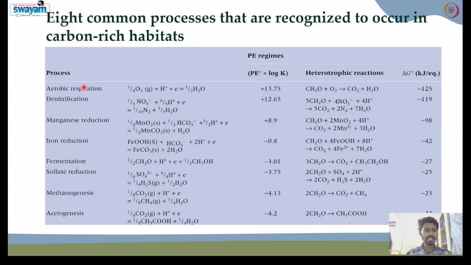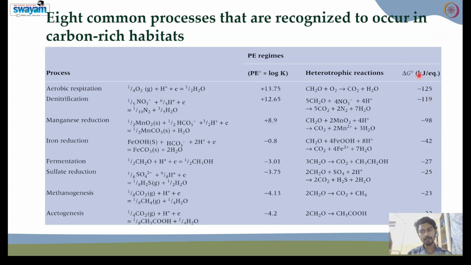So what happens in a given ecosystem? If there is oxygen, it always takes oxygen as the first priority. For example, consider a situation where oxygen and carbon dioxide are both present. From the table, the del G value for oxygen catalyzing aerobic respiration is minus 125 and for methanogenesis is minus 23. As we have seen, if del G is negative, the reaction is more spontaneous.